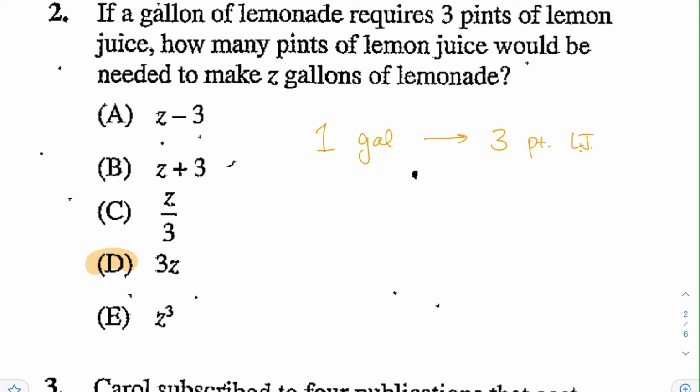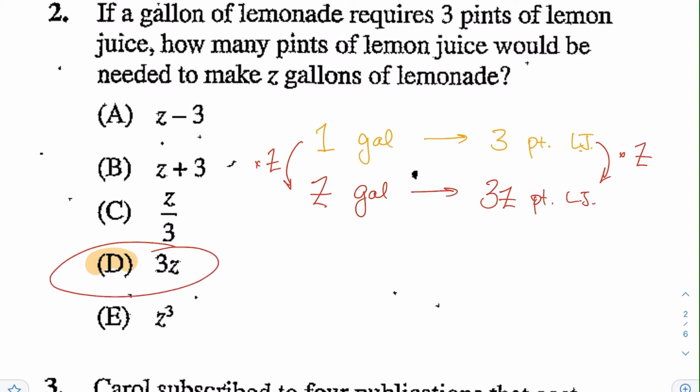So if you want to make z gallons of lemonade, you know that 1 times z is equal to z. On the other side, you also have to multiply by z to make sure everything is proportional. So that would mean that you need 3 times z pints of lemon juice. And that's choice D.